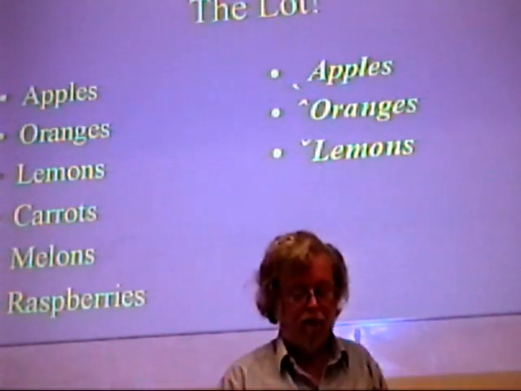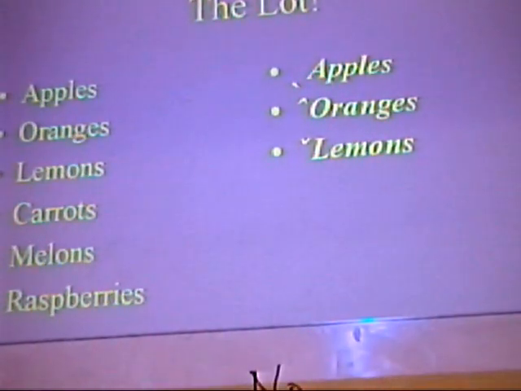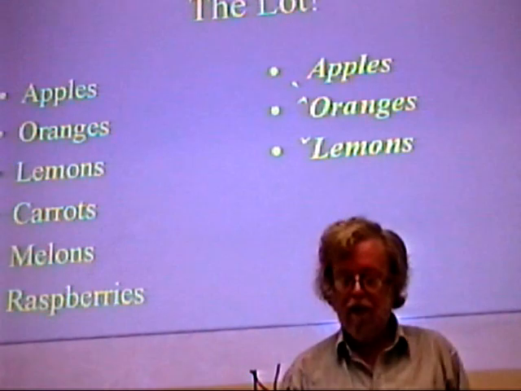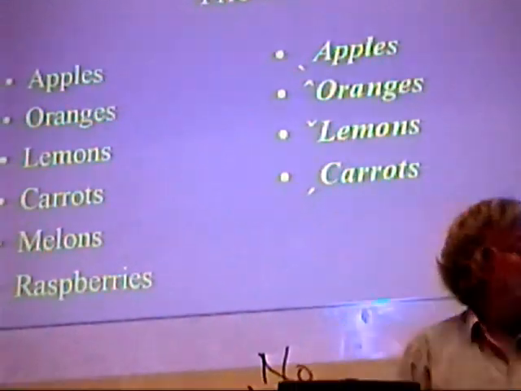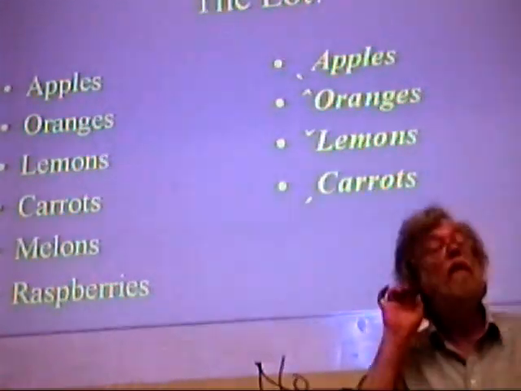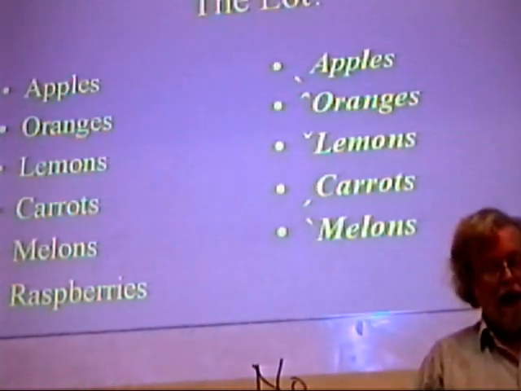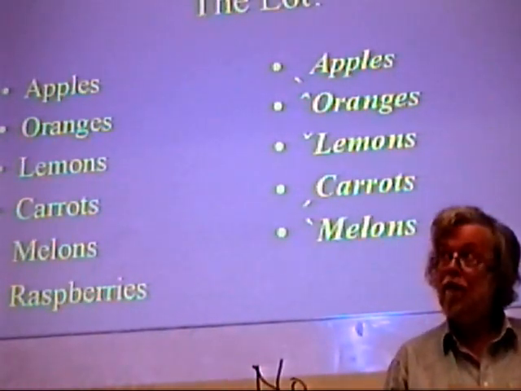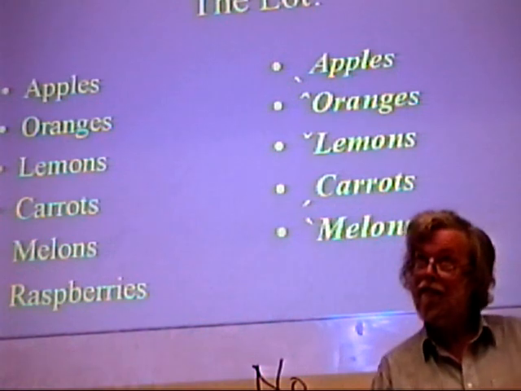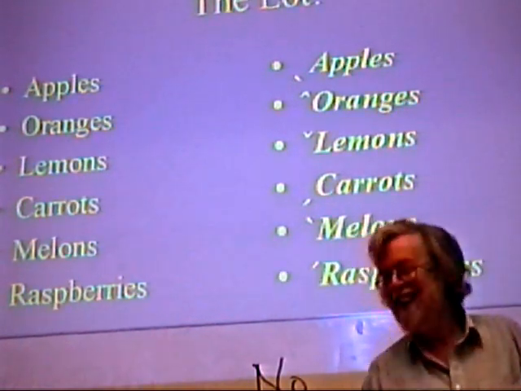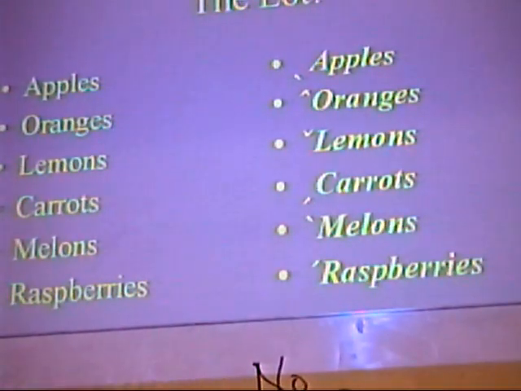What do you reckon about carrots? Low rise. Low rise? Yeah, it was. And how about melons? High fall. High fall? Yes, it was. And finally, raspberries? High rise. Okay, good.